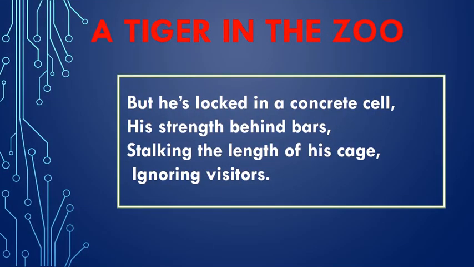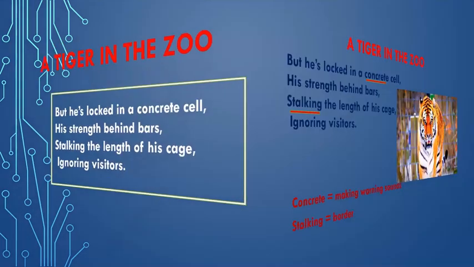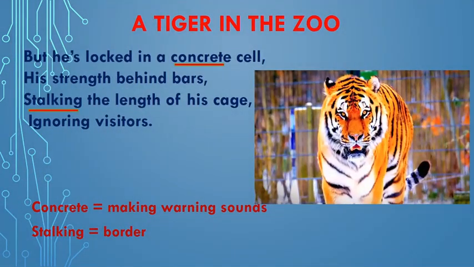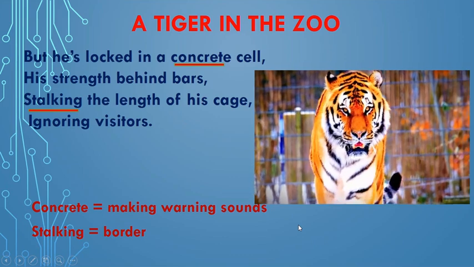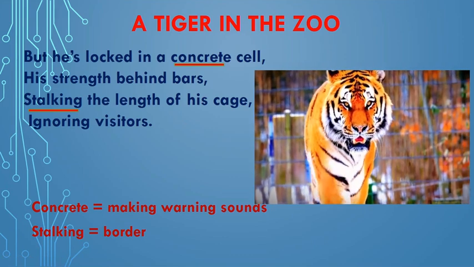But he is locked in a concrete cell, his strength behind bars, stalking the length of the case, ignoring visitors. Yes, now, but he is locked. Generally, tigers and lions are in the jungle, just like free.